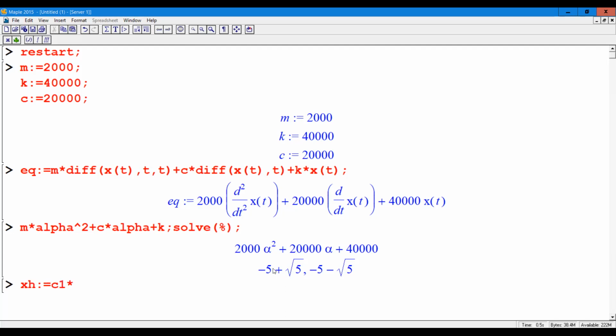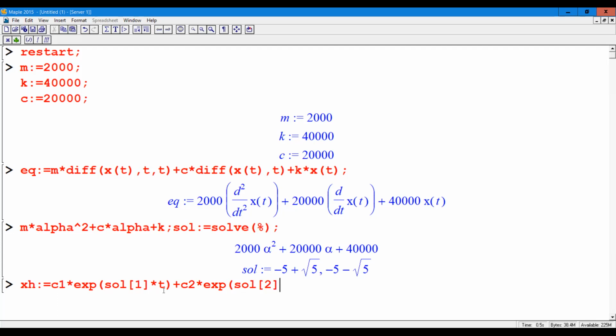C1 times the exponential of the first solution component multiplied by time, plus C2 times the exponential of the second solution component times t.